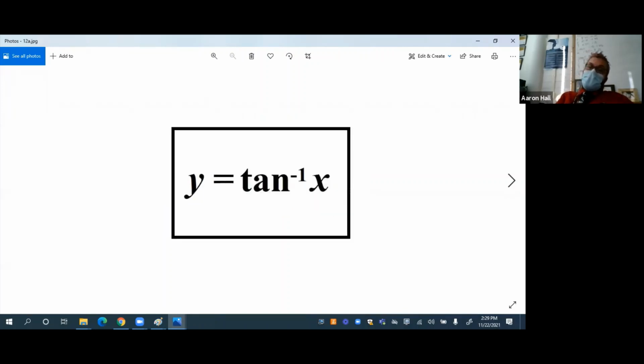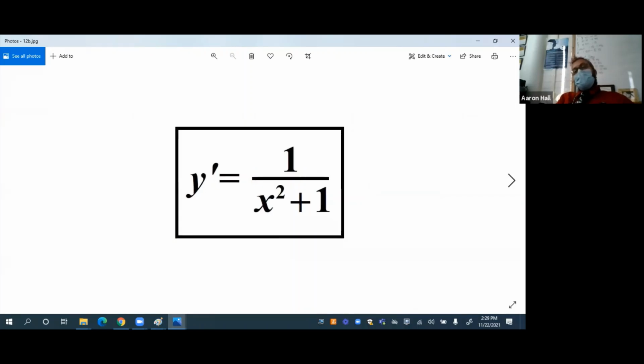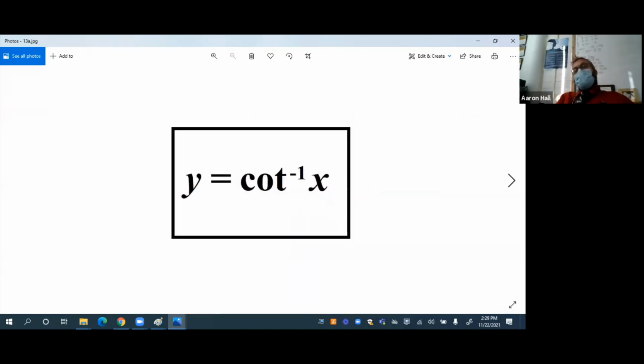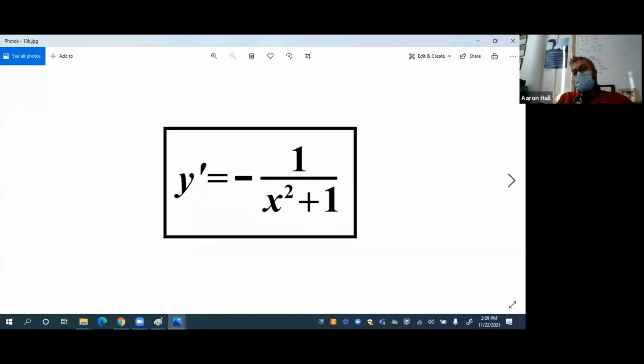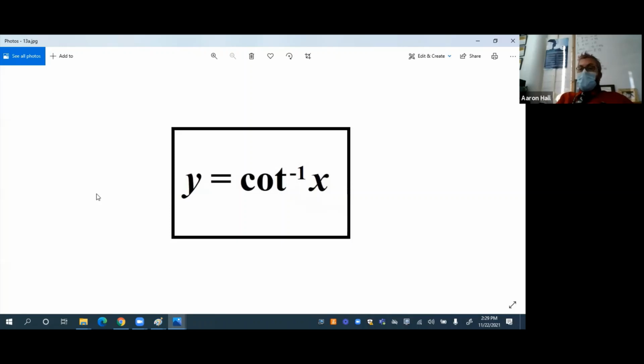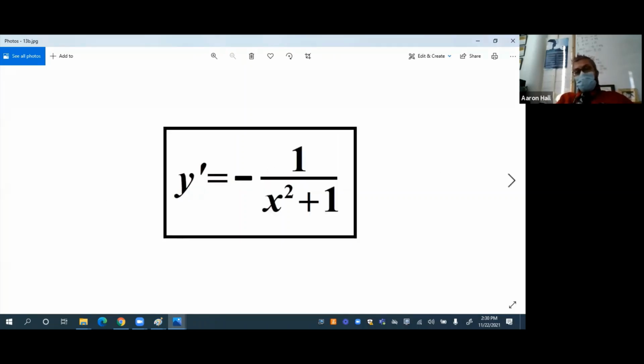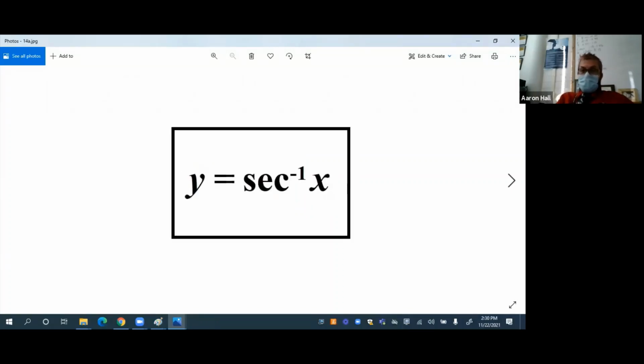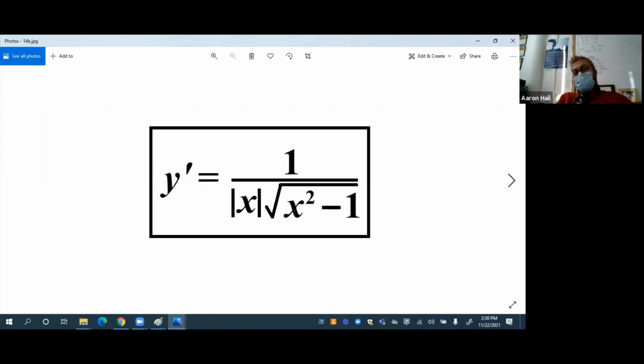What is the derivative of the inverse of tangent of x? Nice. What is the derivative of the inverse of cotangent of x? I think I lost you guys. Let's start over and ask again. What is the derivative of the inverse of cotangent of x? Nice. What is the derivative of the inverse of secant of x?